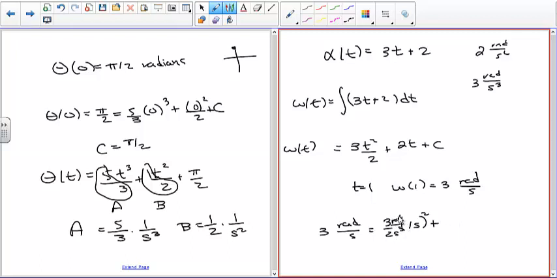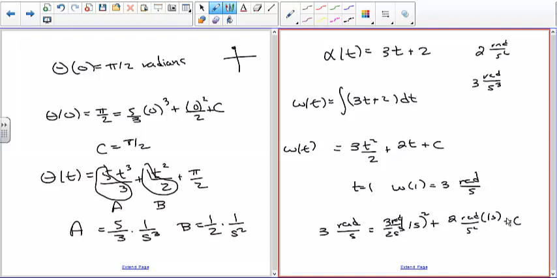So you can see what I'll have is radians seconds squared divided by seconds cubed. So I get radians per second, so that's right. And then you'd have 2 radians per second squared, times t, 1 second. So again, there you have radians times seconds divided by seconds squared. So you end up with radians per second.